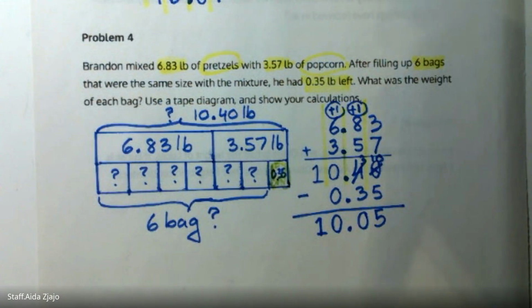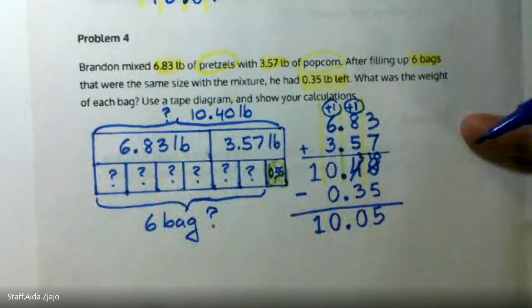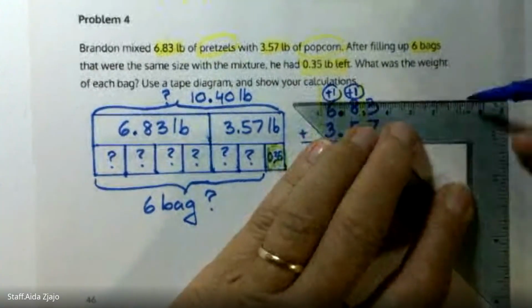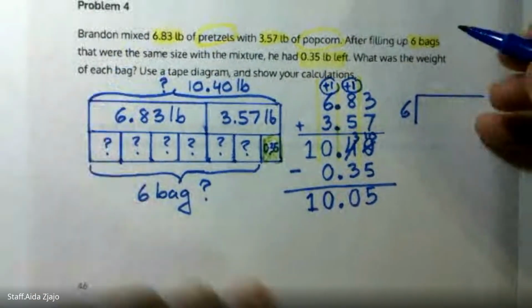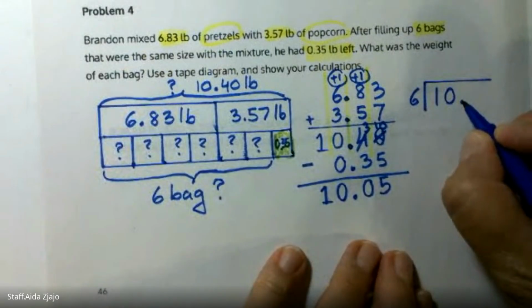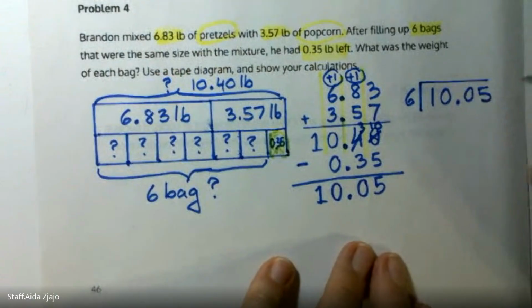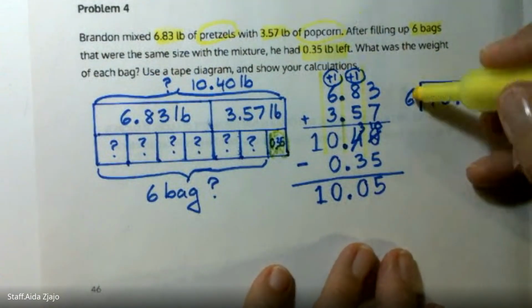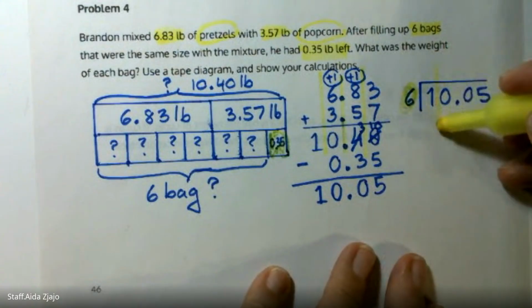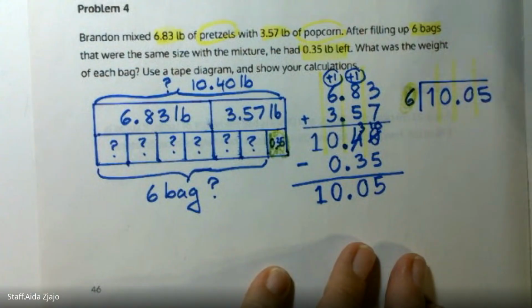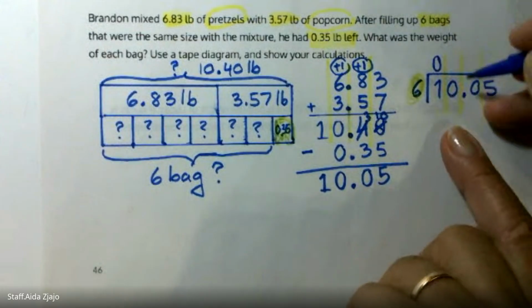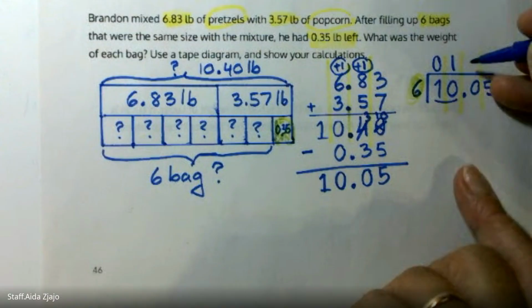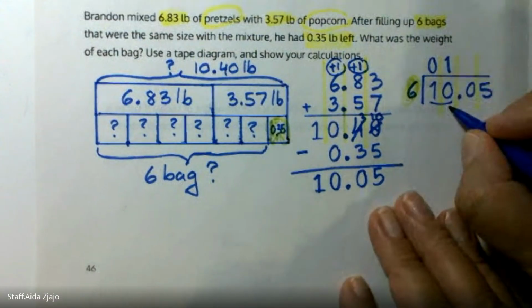Okay, now this needs to be divided into 6. Our group is 6. If I have 10, I can make one group. 1 times 6 is 6.